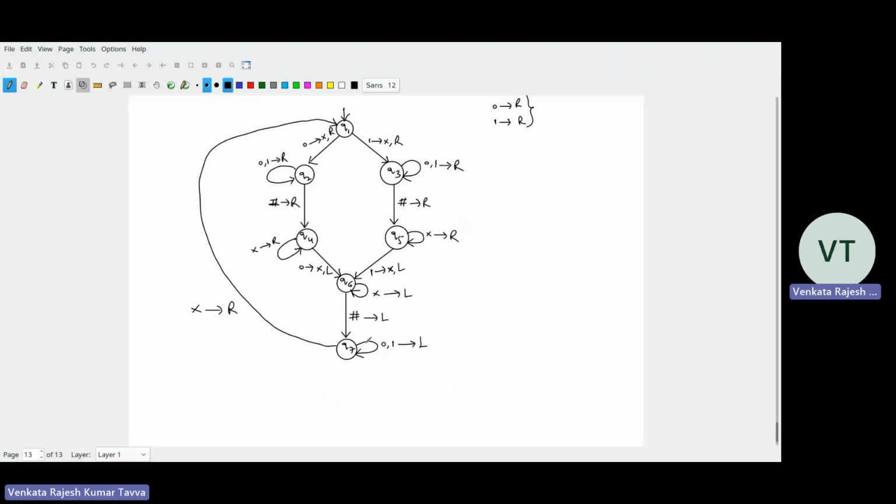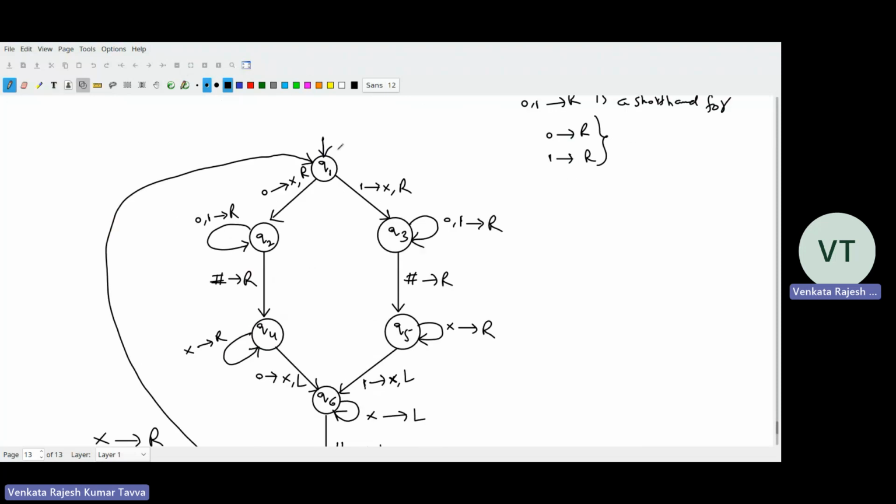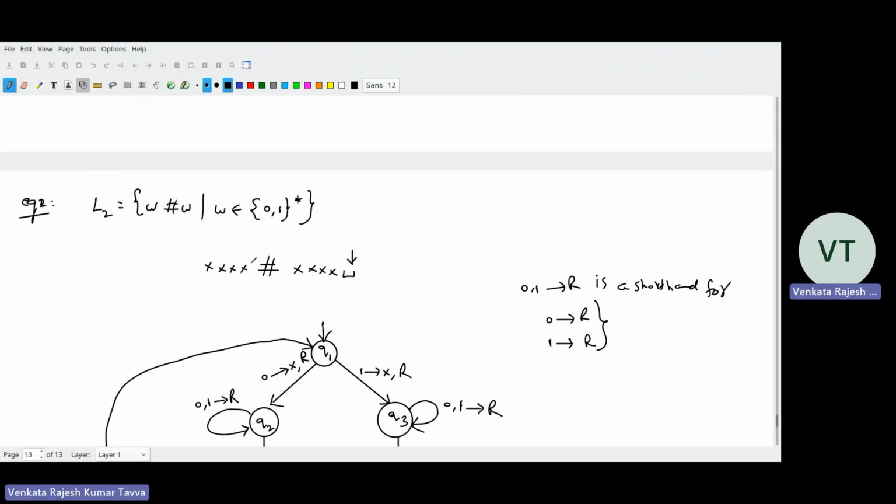Okay, this is fine. Now when do I accept? Q1 on hash, right, because when do I accept? When all the symbols are crossed in the left half, when all the symbols are crossed in the right half, and when I see a blank.